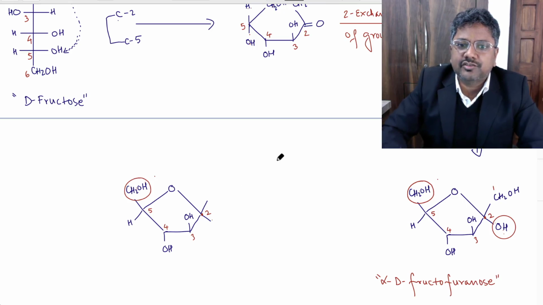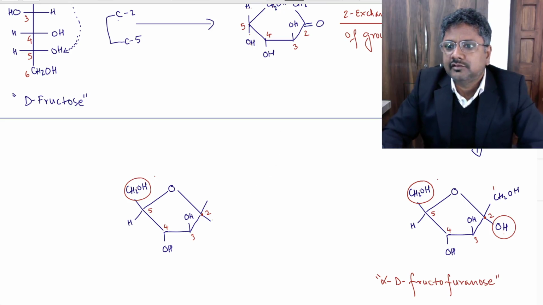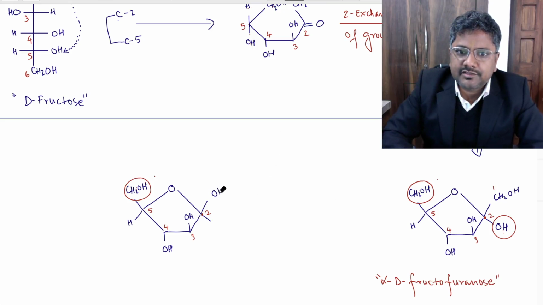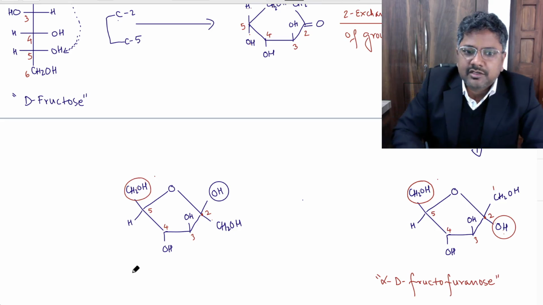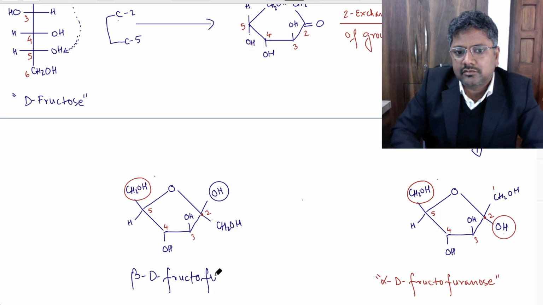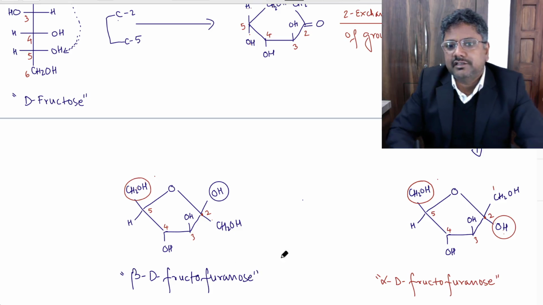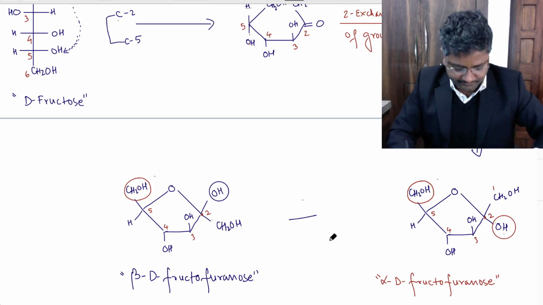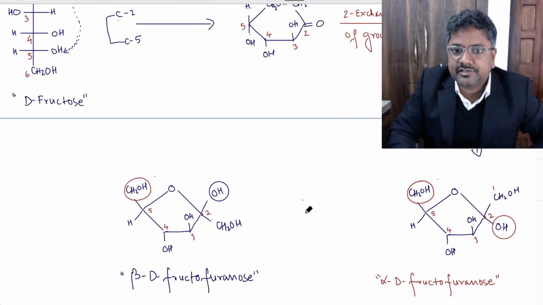The only possibility is this, that one more possibility here is OH and CH2OH. So this OH and CH2OH, fifth carbon and second carbon, both are in the same plane. So this is beta D fructofuranose structure. And these two are anomers.